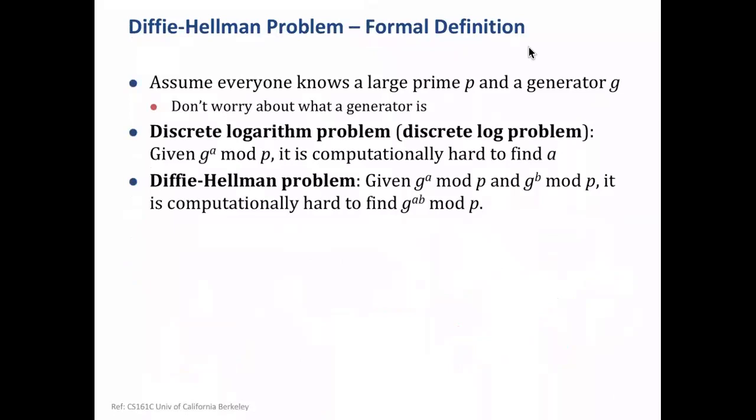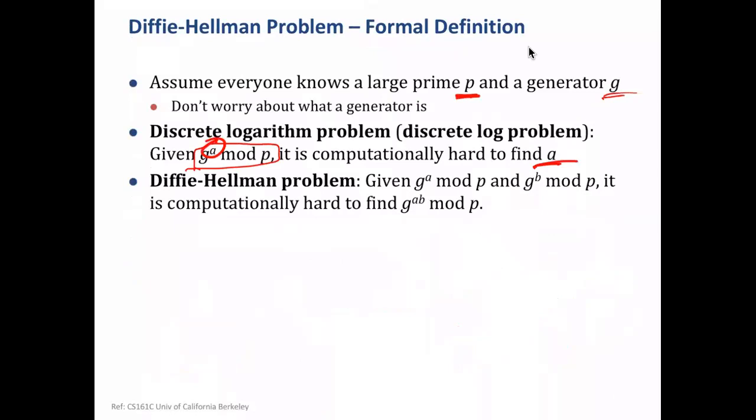So formally we can define it as follows. Now generator G is known and large prime P is known. So we can say the discrete logarithm problem is: given G raised to the power a mod P, it is computationally hard to find a.